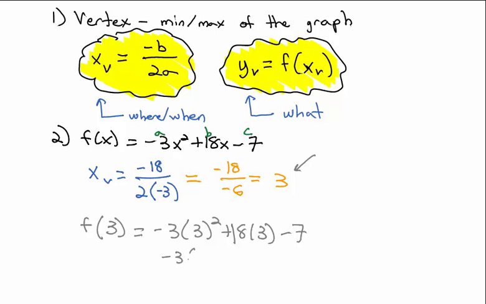And then it's just order of operations. 3 squared is 9, plus 18 times 3 minus 7. Multiplying gives us negative 27 plus 54 minus 7. And that is going to be 20, I believe.